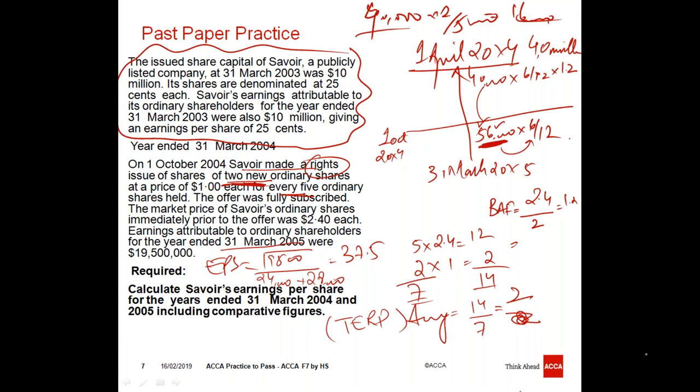How to calculate TERP? We have calculated TERP through the information given to us that the company has issued 2 right shares for every shareholder who has previously got 5 shares. So if I have 5 shares at a market value of 2.4, so in the value of 12, we have 5 shares.